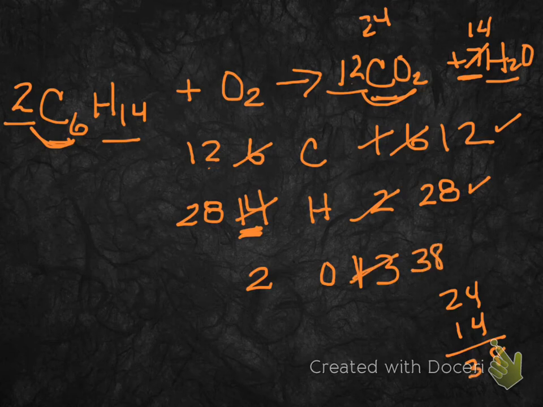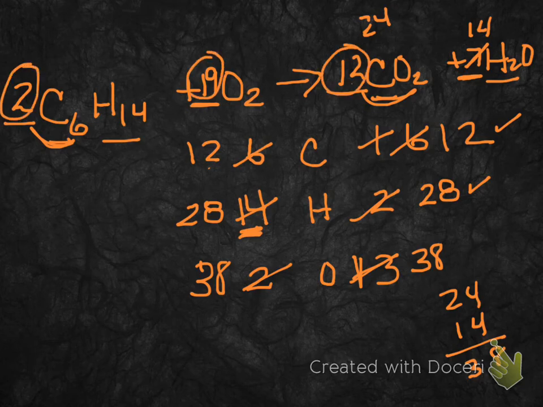So what number is going to have to go here to give me 38 oxygens? 38 divided by 2 is 19, right? So that gives me 38 oxygens. So yes, we're going to get some big coefficients. Our coefficients are 2, 19, 12, and 14 to balance that combustion reaction.